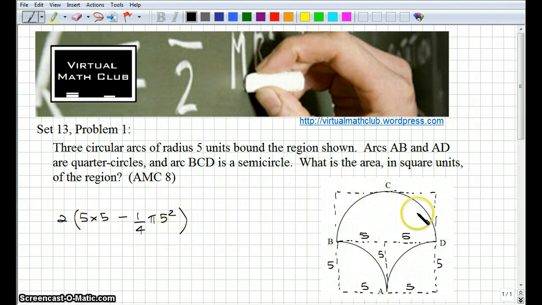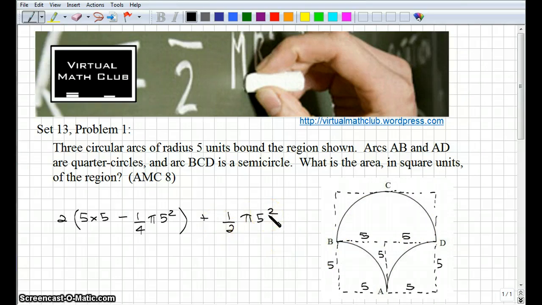And then we have this half circle up here. And so it's a half of pi r squared, right? Pi times 5 squared. Okay? So that's one way to do it.